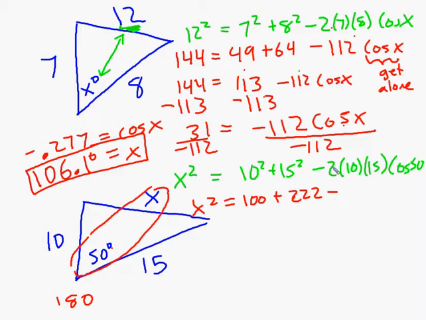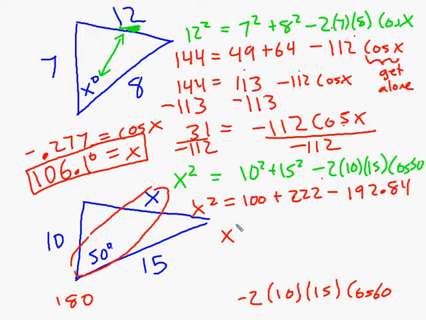And then I do negative 2 times 10 times 15 times cosine of 60. What do I get? Negative 192.84.